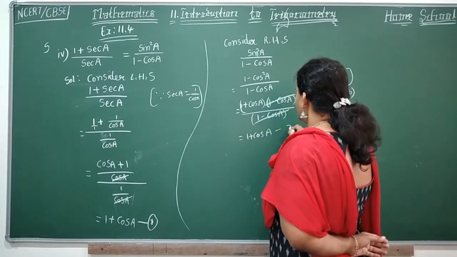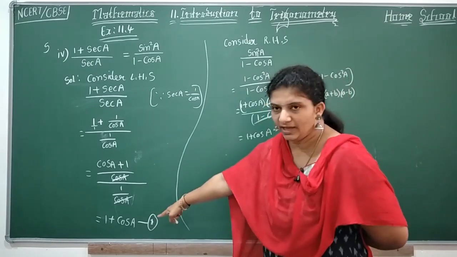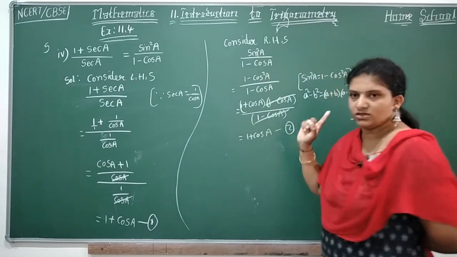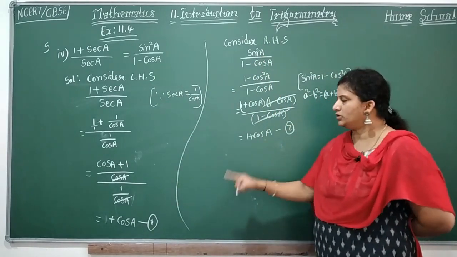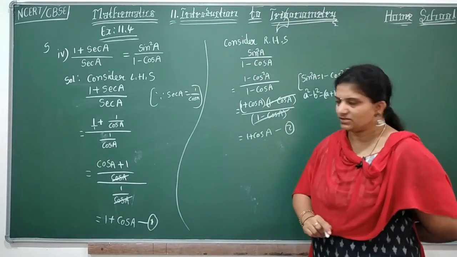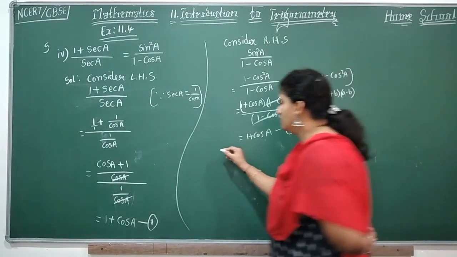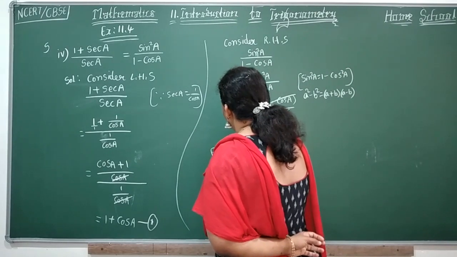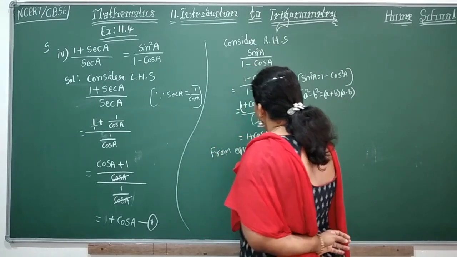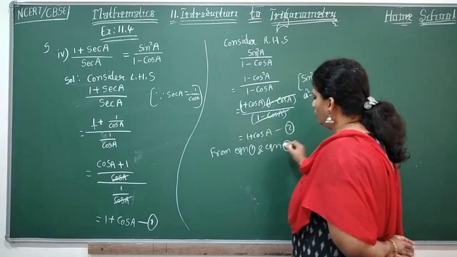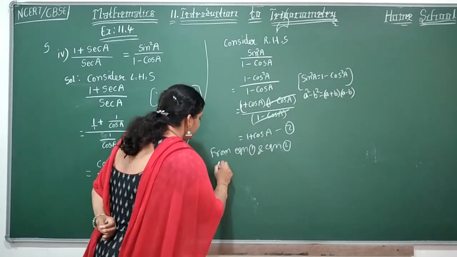Look over there, children. That is equal to this and this is equal to this. So what did you get here? Both have the same answer: 1 plus cos A, 1 plus cos A. So from equation 1 and equation 2, what will you say here, children?